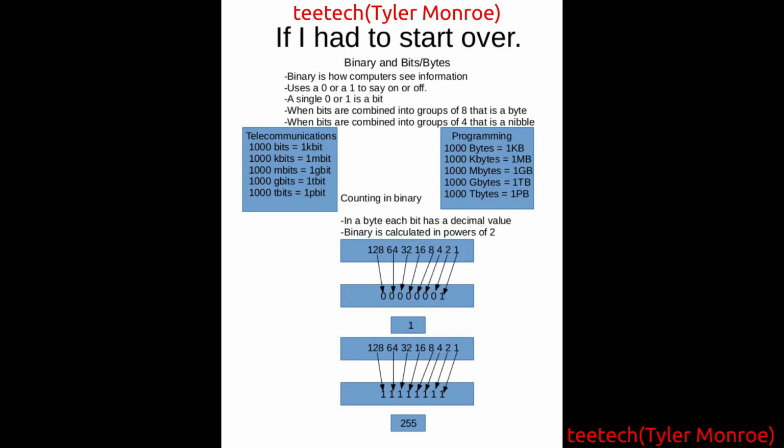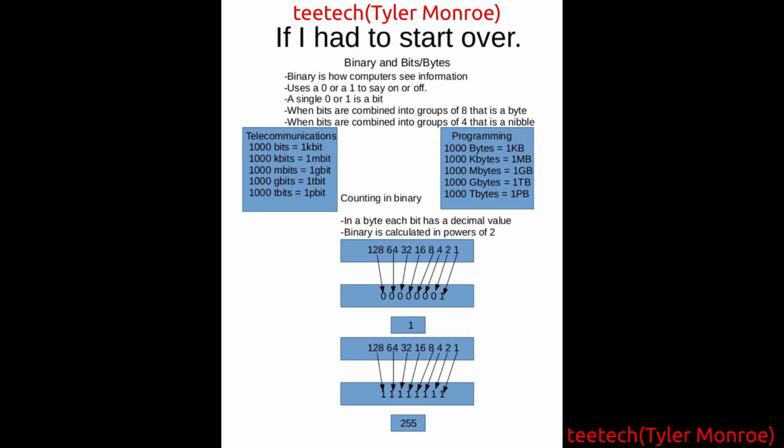The programming side of it is how we represent things like file sizes, or the amount of RAM we have, or the amount of hard drive space. But those are still bits at the end of the day. They're just grouped together in that way to make a byte, and megabyte, gigabyte, terabyte, okay? I hope that made sense, but you have 2 different ways to use these.